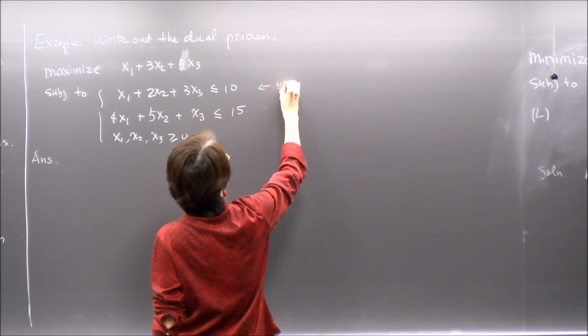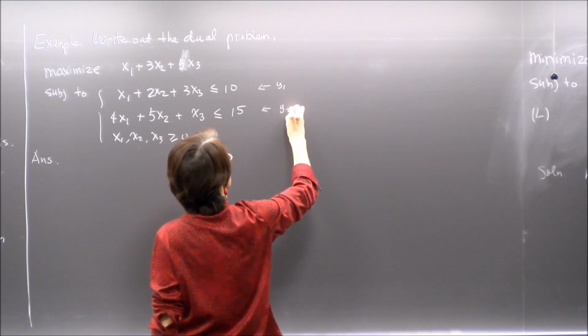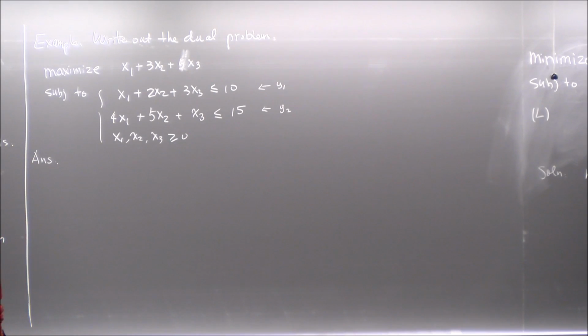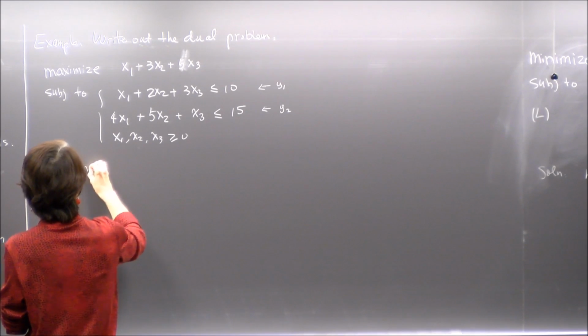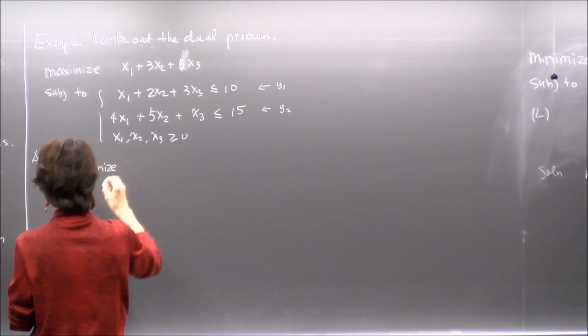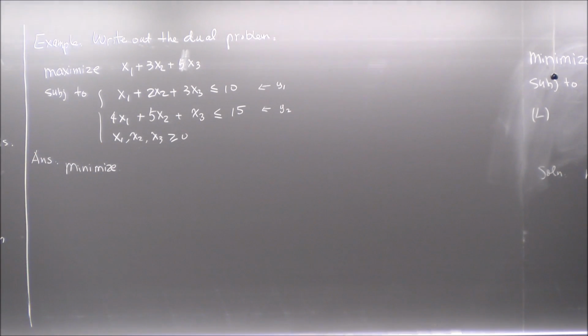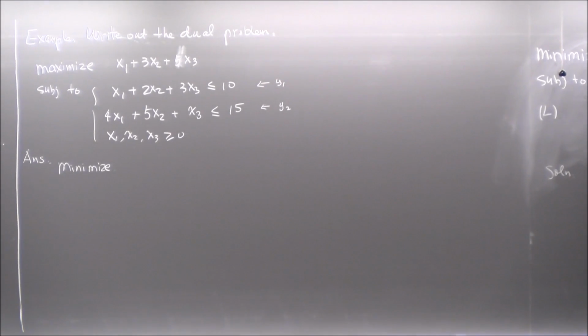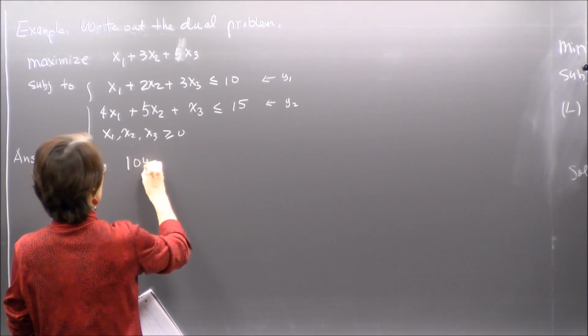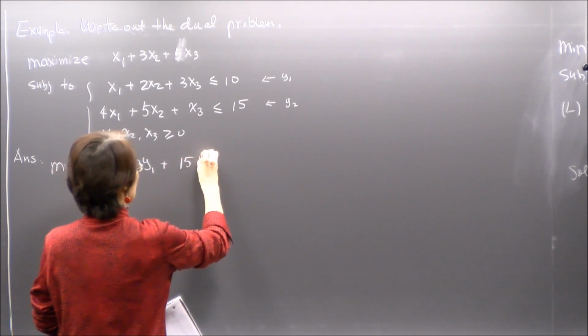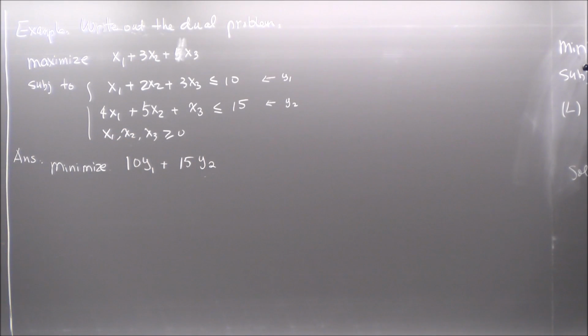So this will be associated with y1, and this will be associated with y2. Those are the 2 variables. Okay, so I will be having a min problem, right? Minimize the following. What will be my objective function? How do I form my objective function? For the objective function, you take the right-hand side and multiply it onto y. Is that right? So I will have 10 y1 plus 15 y2. Is it clear where I get those numbers from? All right, subject to.